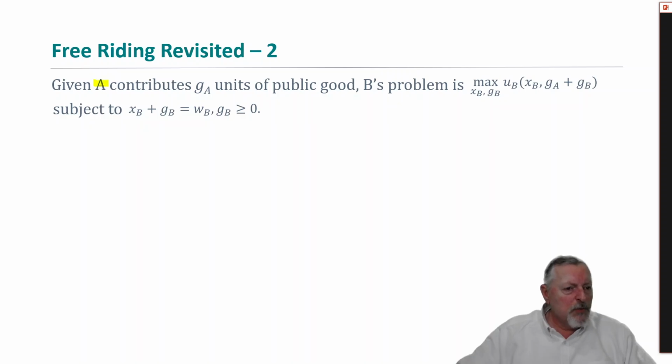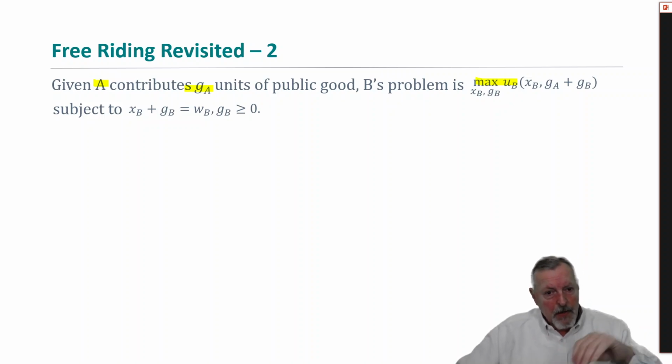Then assume person A contributes this much, GA, to the public good. Then person B has this optimization problem. Maximize the utility of yourself, person B, but that's a function of the amount of private spending person B has and the total spending on the public good, because person B gets utility from the total amount of public good.